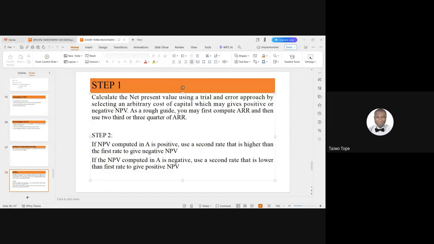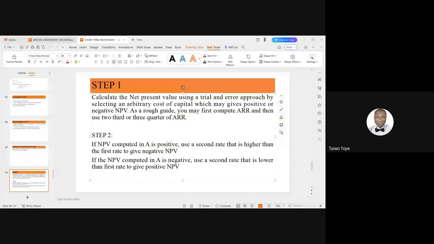All right, fine. So we are going to talk about the decision rule. In talking about the decision rule, we can have a case of independent projects and mutually exclusive projects. In the last class, we defined what independent projects are and what mutually exclusive projects are likewise.